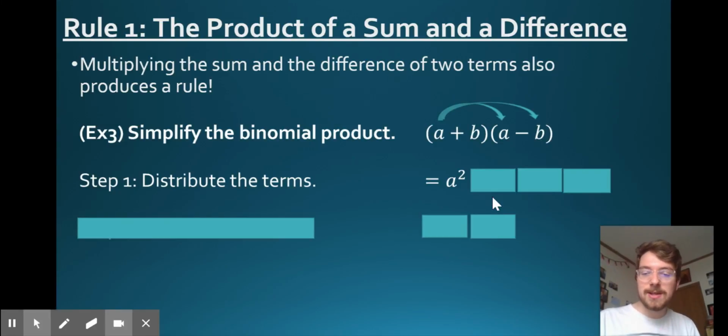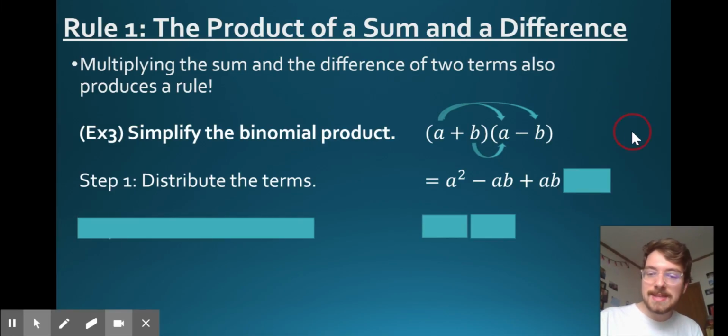But in your answer, you'll have to have negative AB or minus AB because this one was negative, this one was positive. Second set, I got to do B times A. They're both positive. So for this one, we'd have to have plus AB. And at the end, I got to do B times negative B. So I'm going to have B squared, but this one's going to be negative because we got a positive times a negative.